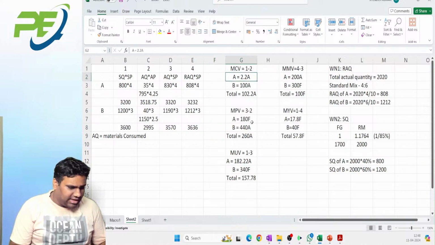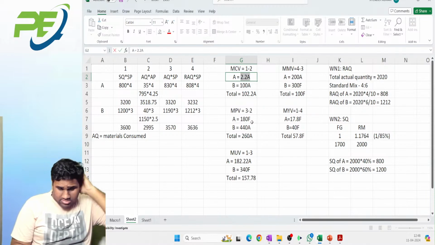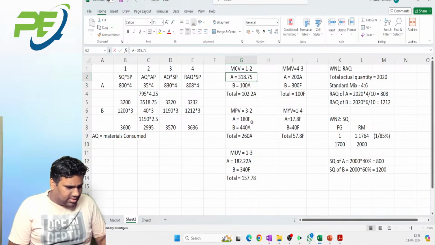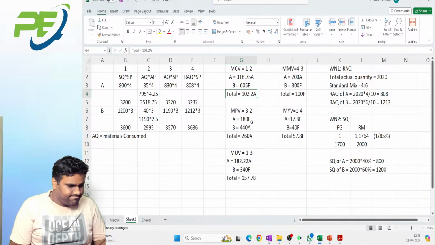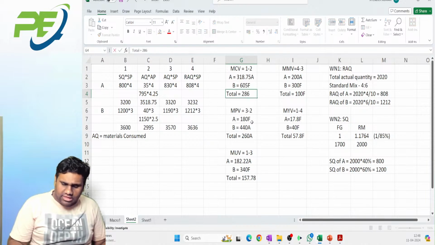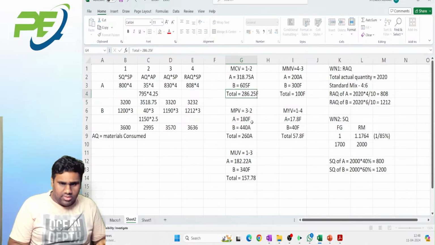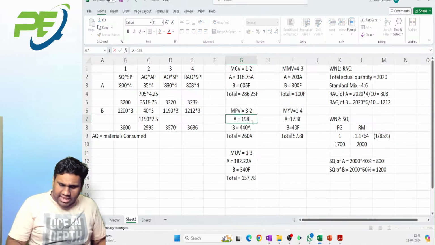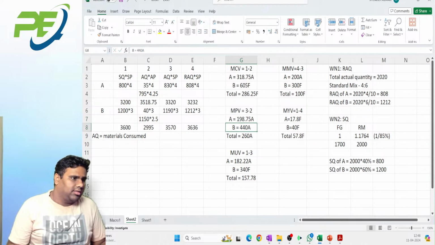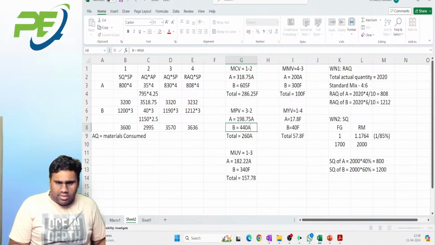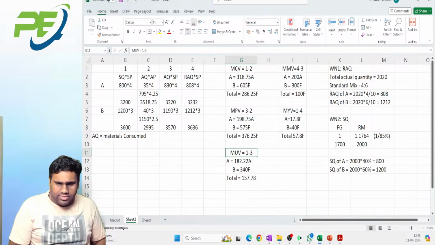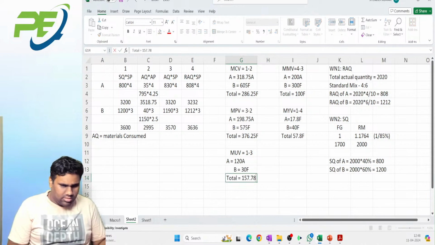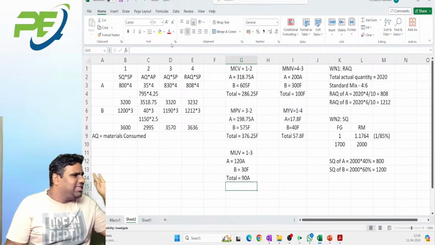So, material cost variance for A. 758, 605, 286.25 F, 198.75 A, 575 F, total 6.25, 376.25 F, 120 A. You see, once we prepare the table, that is the entire thinking part.